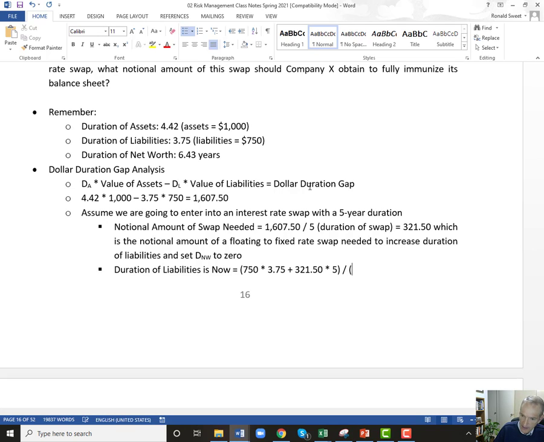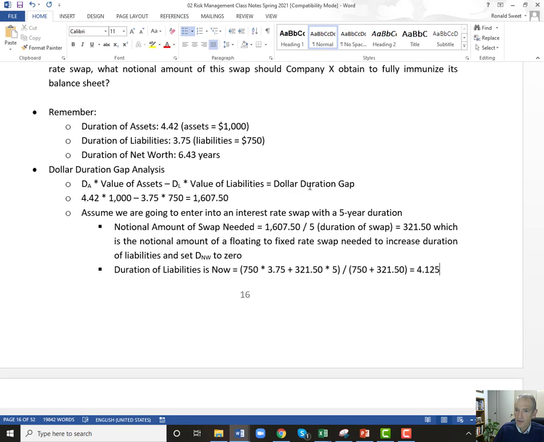You divide that by 750 plus 321.5, and that gives you a new duration of liabilities. It increases to 4.125.